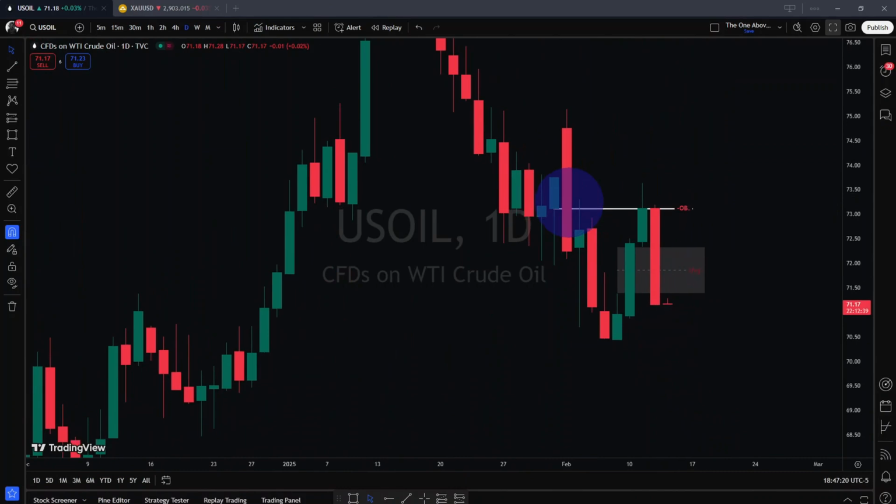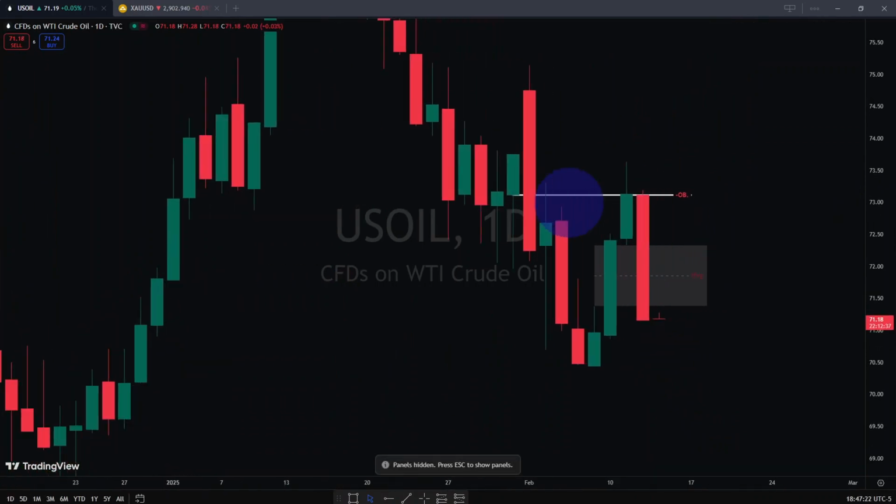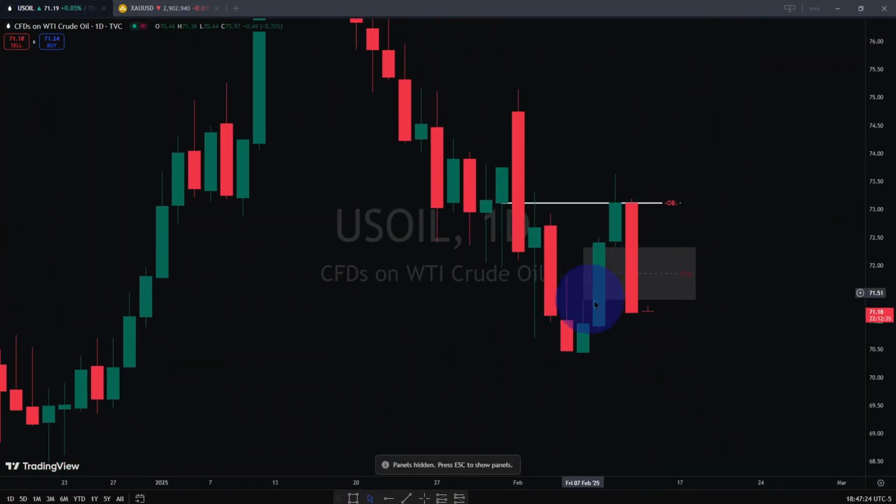So apparently on US oil, we have our daily key level, which is this old gap, this bullish fair value gap now turned bearish. So we want to see the market return here at key times of day and look for shorts. Mind you, you can see we have a swing high, a lower high to the right, a lower high to the left. So we're expecting the market to trade into the previous day's low.